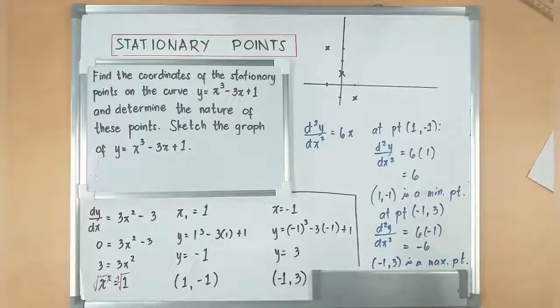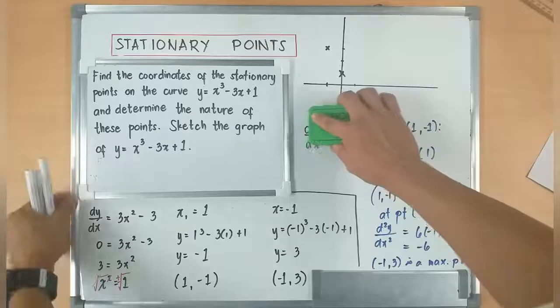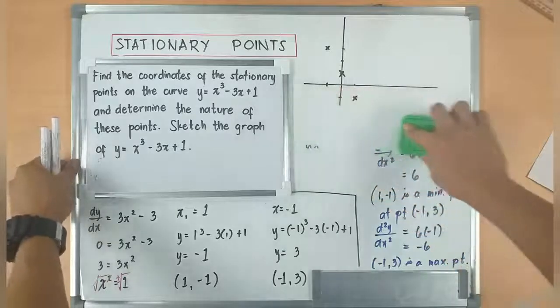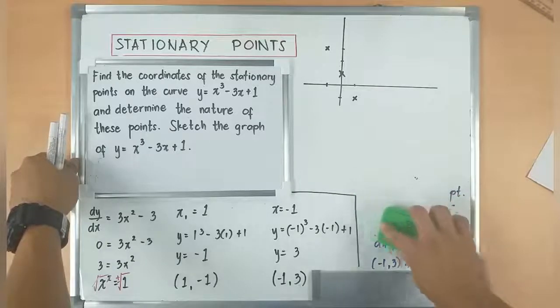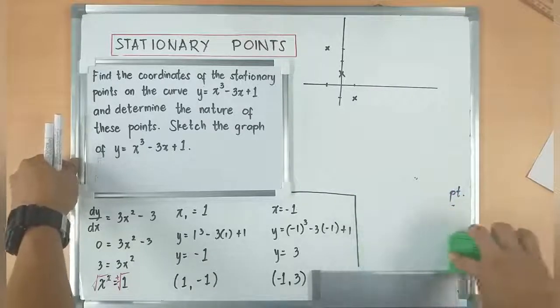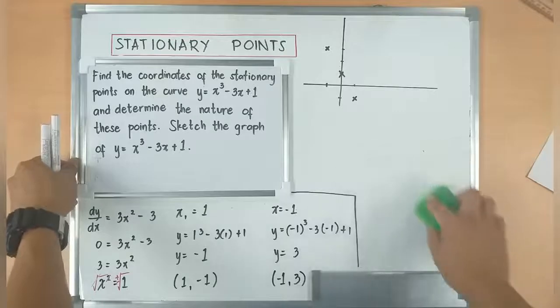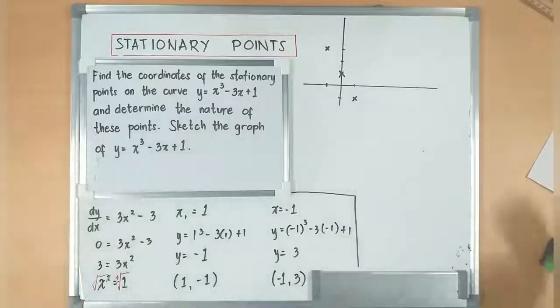So let's try to find it out. You know that 1, negative 1 is a minimum point, and negative 1, 3 is a maximum point.